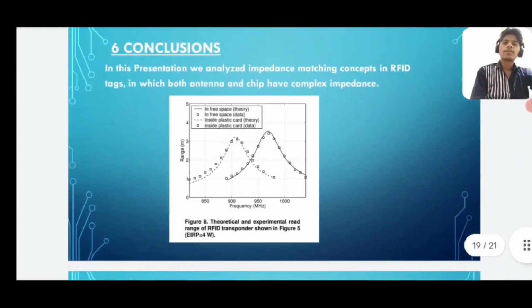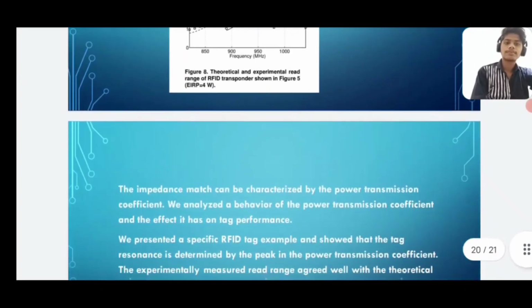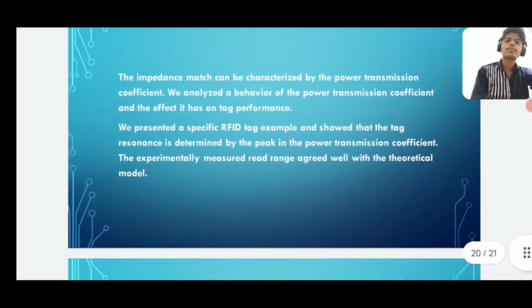Here is the conclusion. In this presentation, we analyzed the impedance matching concept in RFID tags in which both antenna and chip have complex impedance. This is the diagram of the theoretical and experimental read range of two RFID transponders. The impedance match can be characterized by the power transmission coefficient.